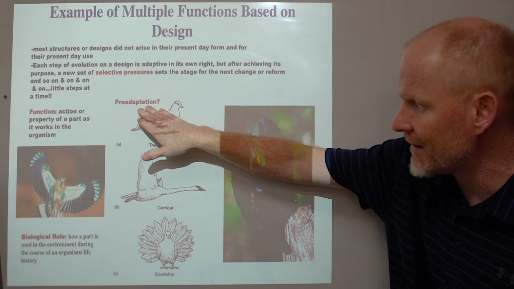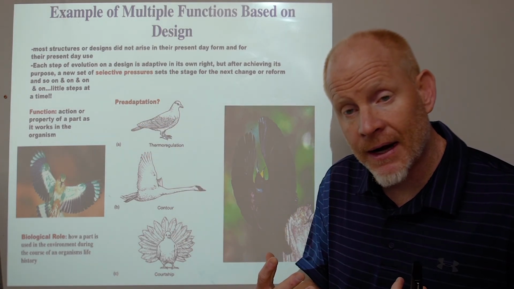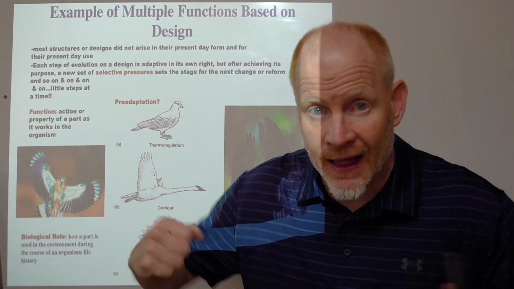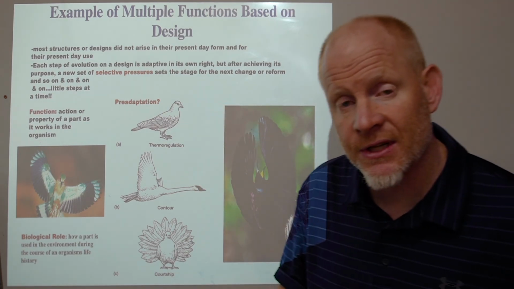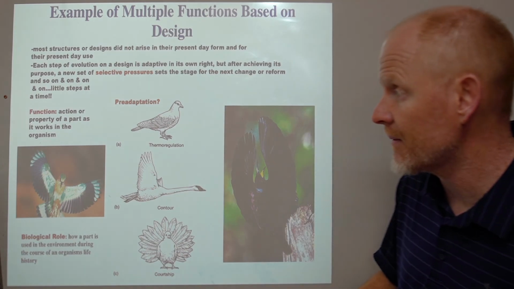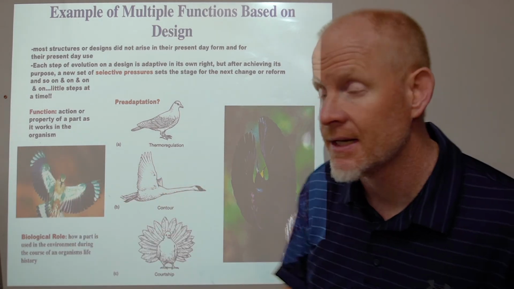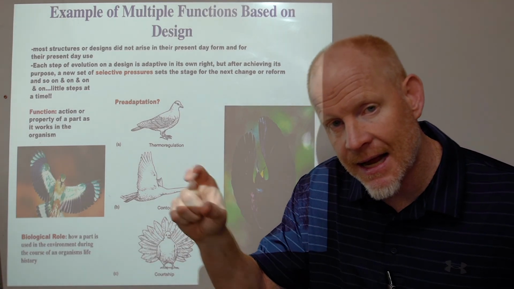So that's what pre-adaptation is: a structure that you see today didn't necessarily arise for what you see. So feathers we see in flight, but the original reason that they were selected for is probably not for flight. It was something else, like thermoregulation and courtship, which allows for pre-adaptation of flight or eventually the development of flight. So evolution happens in steps, right?